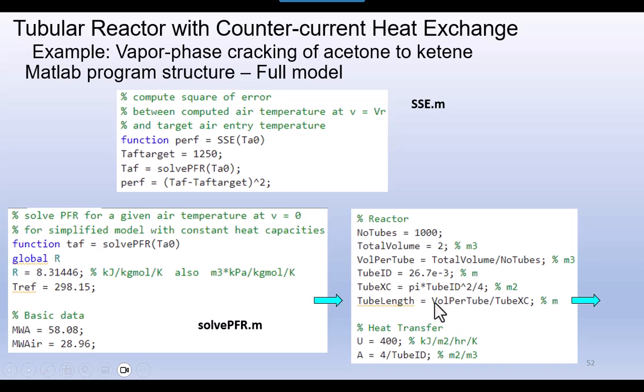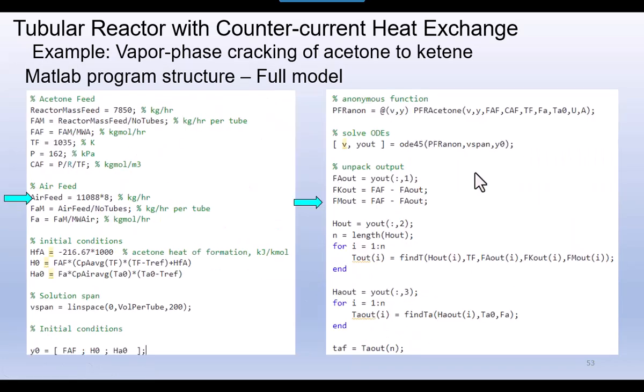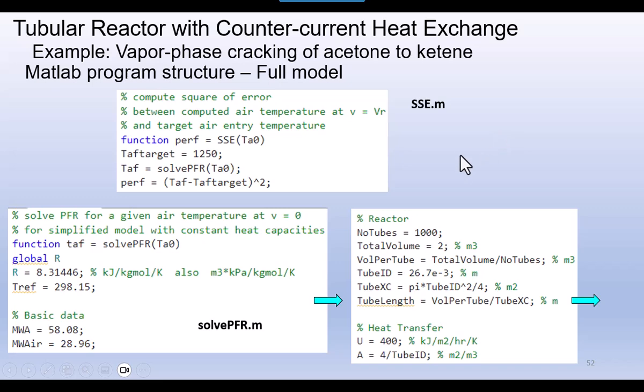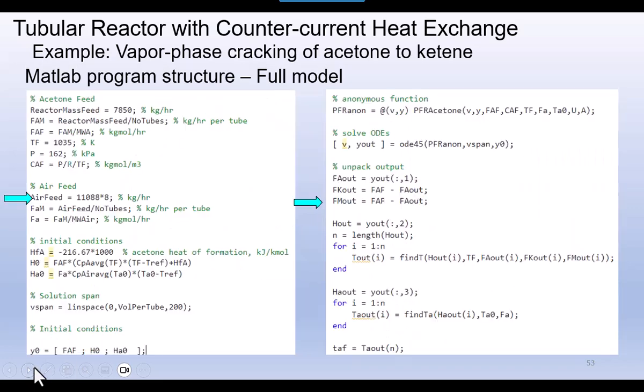And this just goes through the code that we reviewed. And you will notice that in the anonymous function, first the initial values are molar flow rate of acetone and our two enthalpies now.